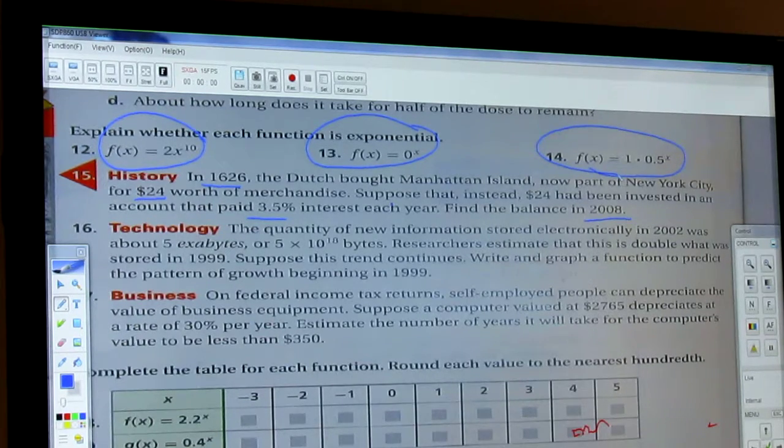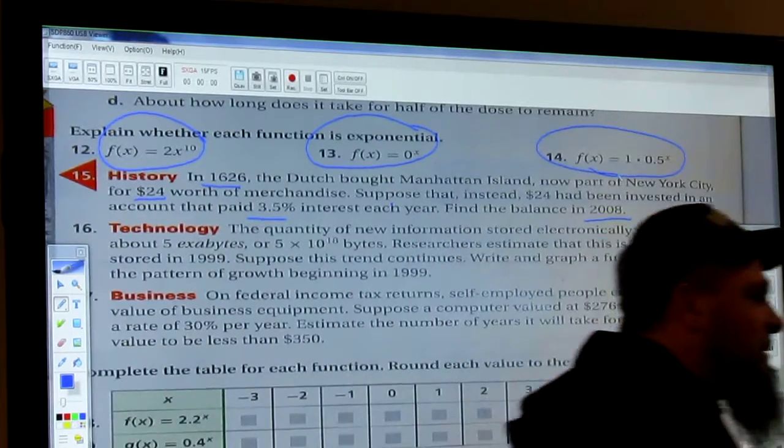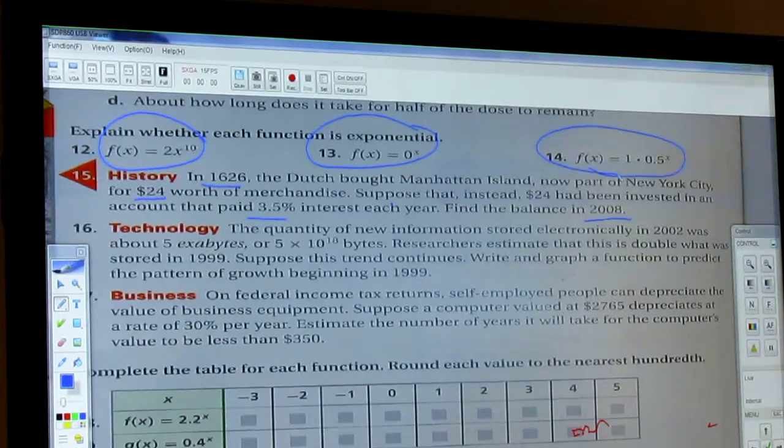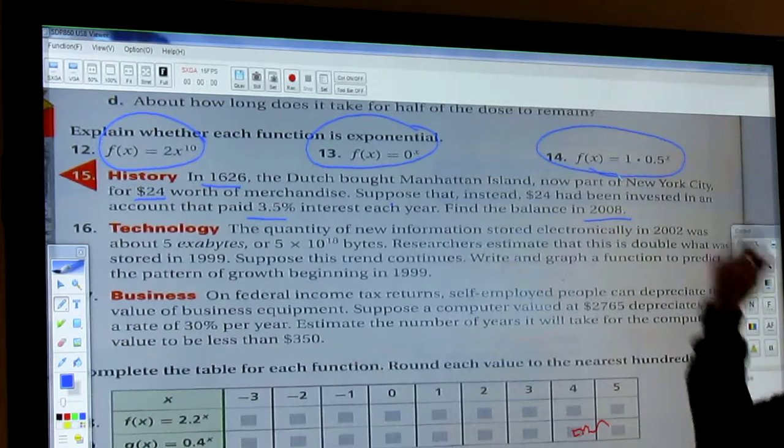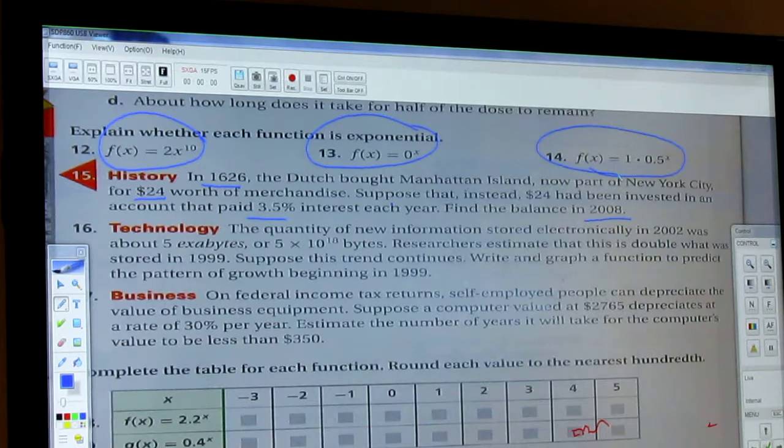Anybody? Come on, somebody. Which one? Yes. Yes, why? Why would this be an exponential function? Where is the exponent? What is the exponent? Is it a variable? Yes. Then it's an exponential function.